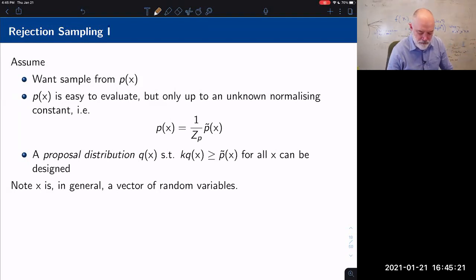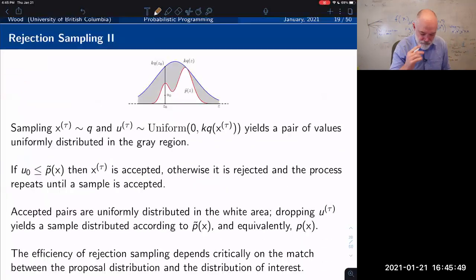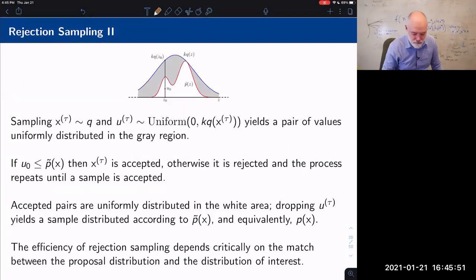There's a weird technical condition: there is a positive constant k such that k times q of x is greater than p tilde for all x. Note that in general, x is going to be some richly structured, crazily high dimensional thing, but we're going to talk in terms of one-dimensional distributions and two-dimensional plots, so you can see what's going on.